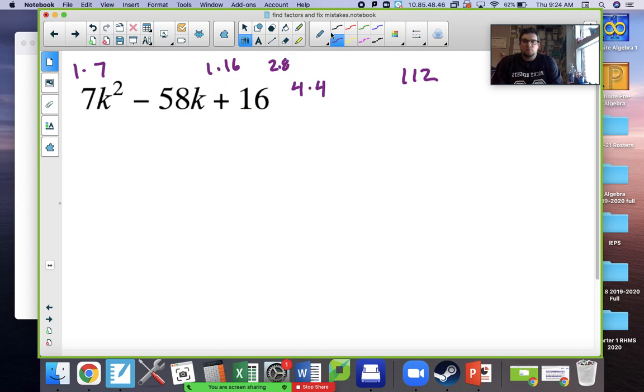So we can take one of these numbers, 1 or the 7. Let's take the 7. We can multiply each one of these numbers to see what our factors could be. 7 times 16 gives us 112. We know 1 and 112 isn't going to work. So we're probably going to avoid that one. So maybe we take 7 times 2. 7 times 2 gives us 14. 14 and 8.